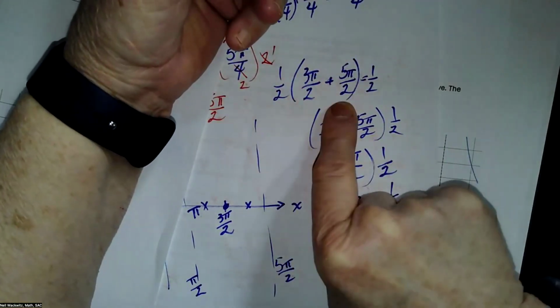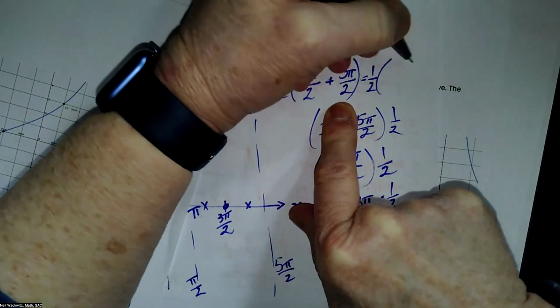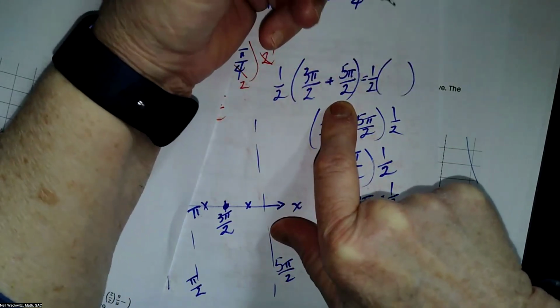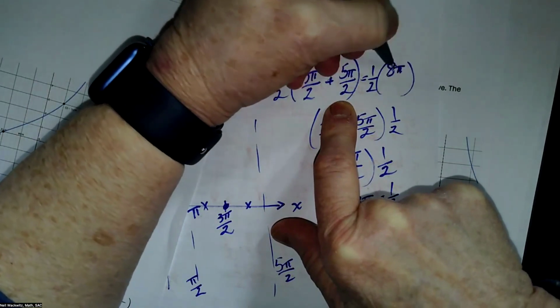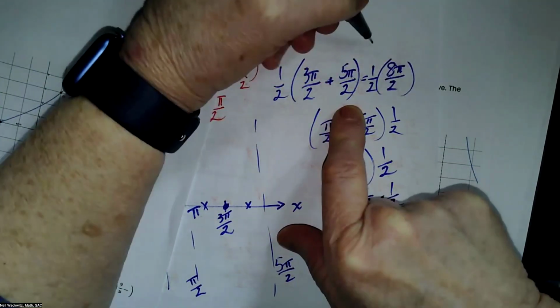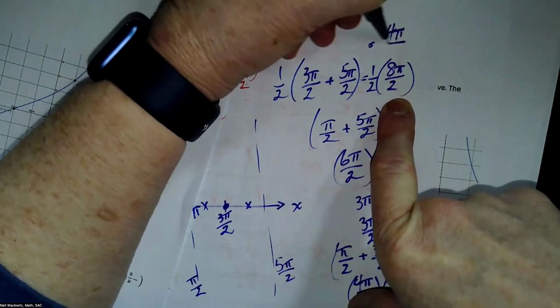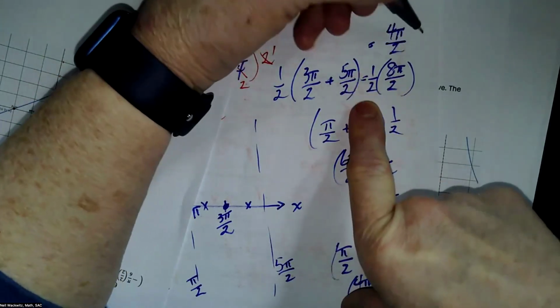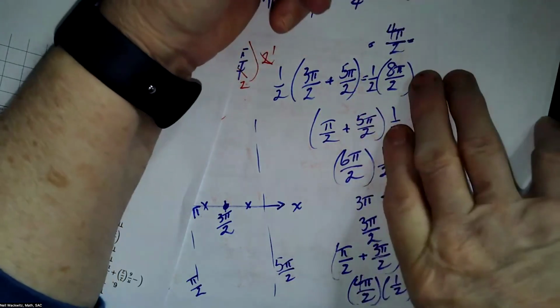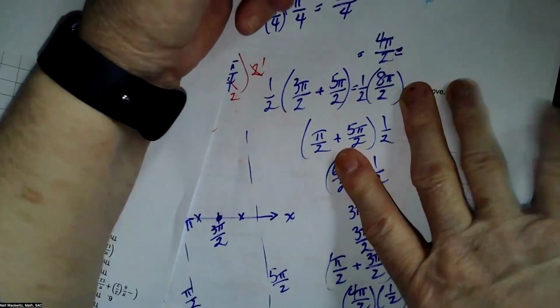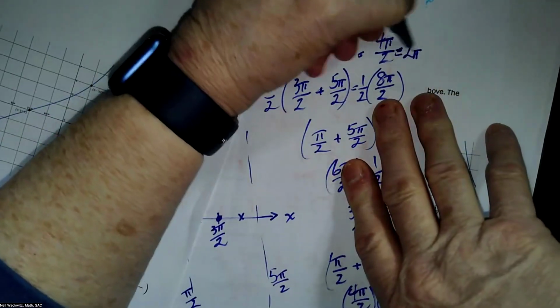So we get 8 pi over 2, which is 4 pi. Good. So that gives me 4 pi times 1/2, which is going to be 4 pi over 2. Good. Very good.